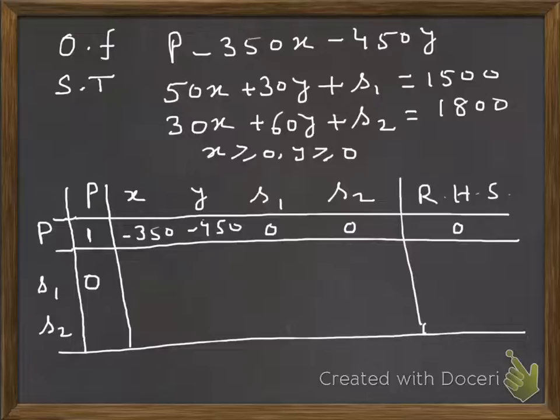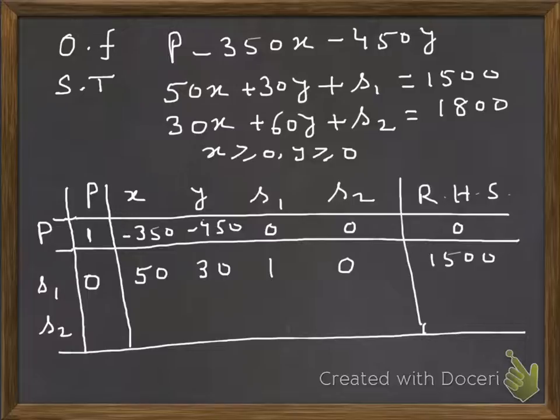Coefficient of X in S1 line is 50, and coefficient of Y is 30. Then coefficient of S1 is 1, coefficient of S2 is 0, and the right hand side value is 1500.